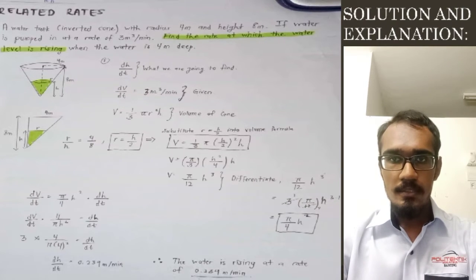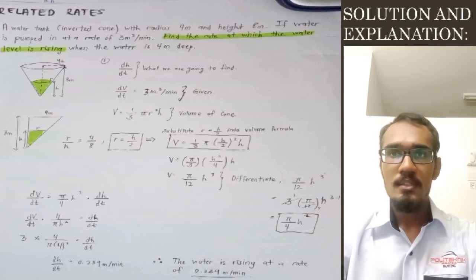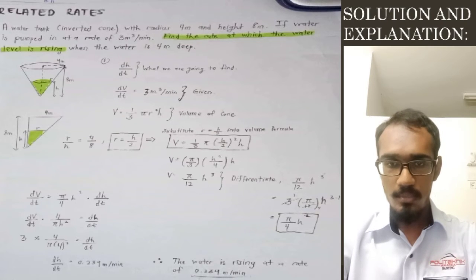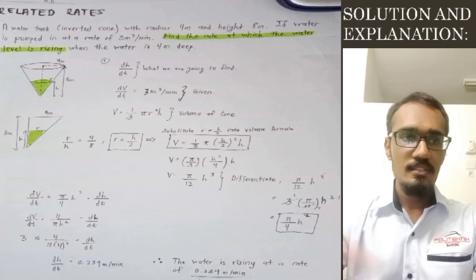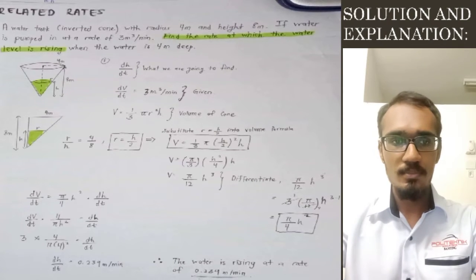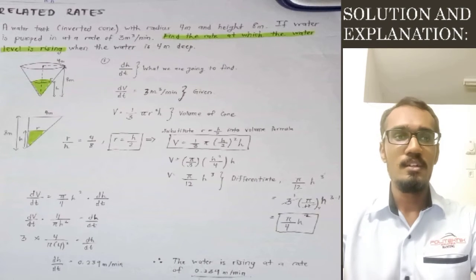Based on the chain rule formula, what we are going to find is dH over dt, the rate at which the water level is rising, meaning the height of the water level rising. Now dV over dt equals pi over 4 h squared times dH over dt, which is what we are going to find.